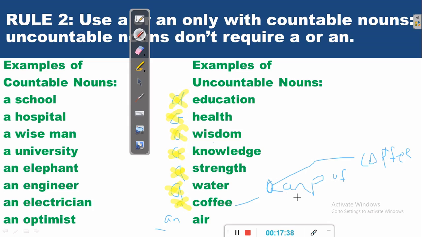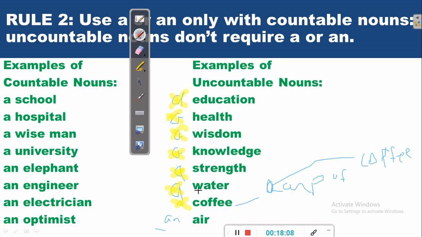But we can say, I would like to have a coffee, or shall I get you a coffee? In this case, the meaning has changed from the liquid that we refer to as coffee, and now we are talking about a cup of it, a cup of coffee.